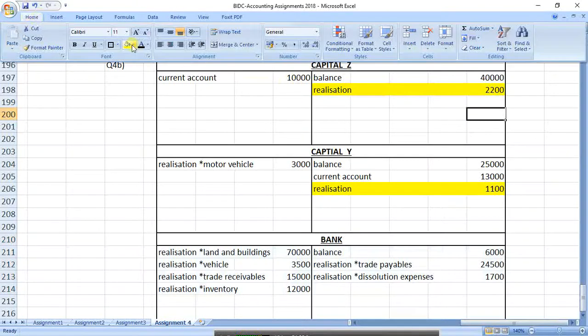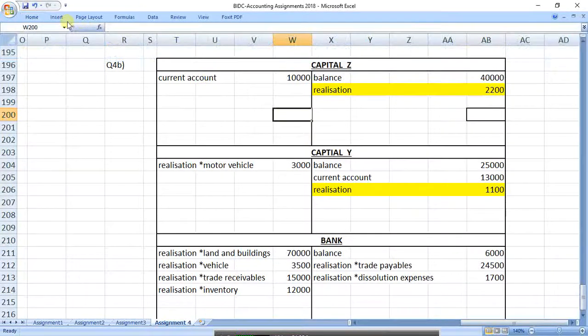So let's balance it out. If I balance Z's account, this side is bigger. This plus that gives me that. That side is bigger, so I want to balance. This minus that gives me the balance. So this is the balance carried down.